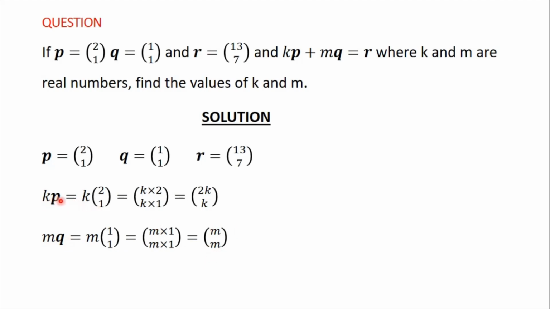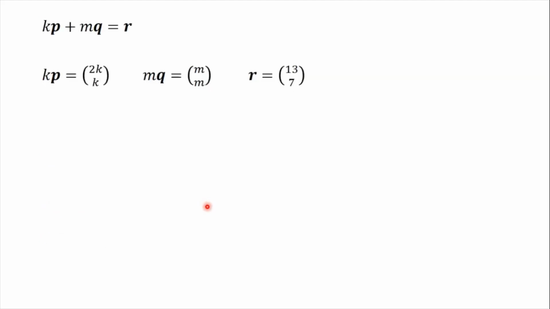The vector kp is (2k, k). The question says that kp plus mq is equal to r. We have now found kp and we have found mq. So we can say that kp, which is (2k, k), plus mq, which is (m, m), is equal to r. r is (13, 7).